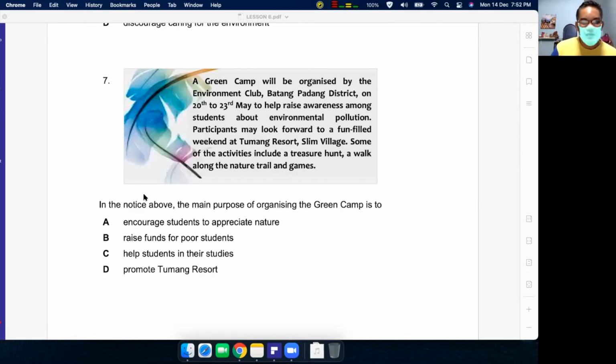So in the notice above, the main purpose of organizing the green camp is to encourage students to appreciate nature, raise funds for poor students, help students in their studies, or promote Tumang Resort. Read it carefully, choose the best answer.